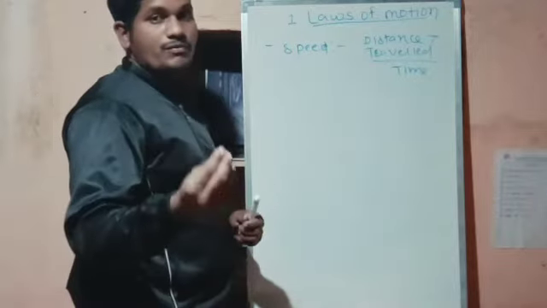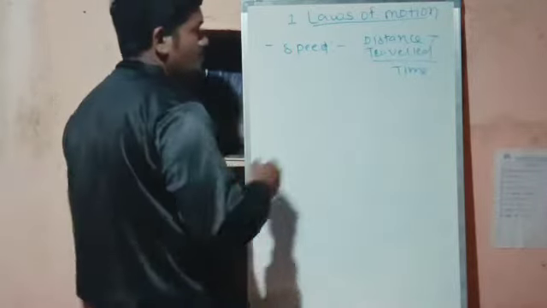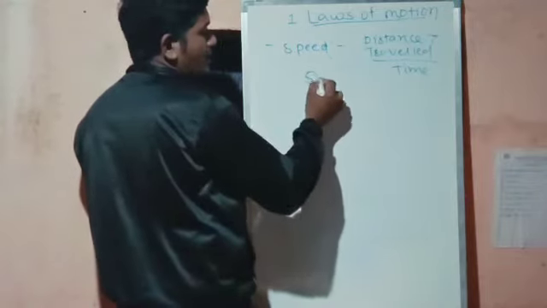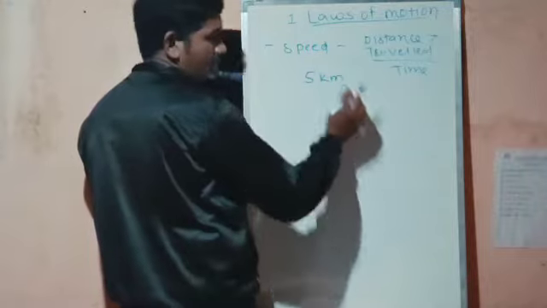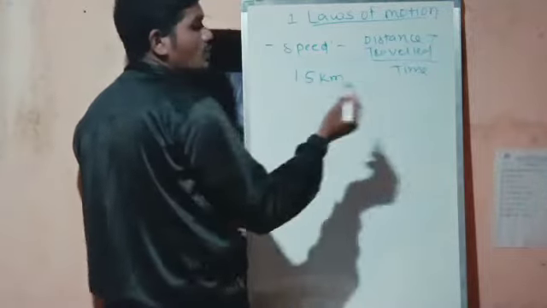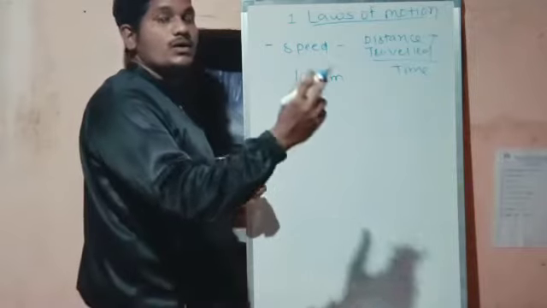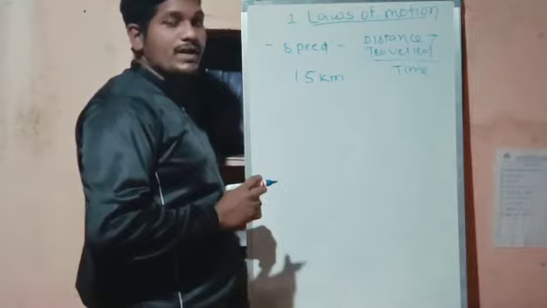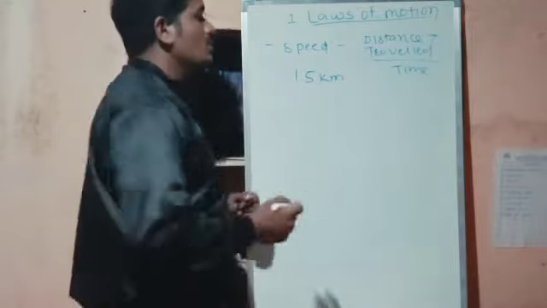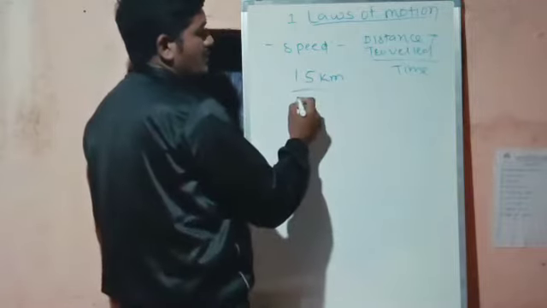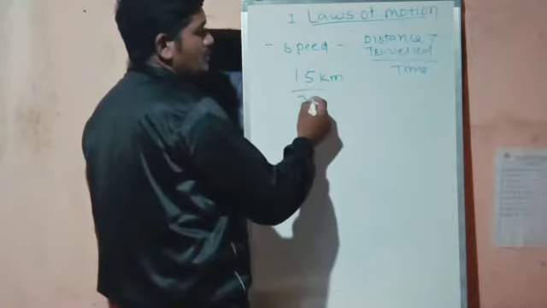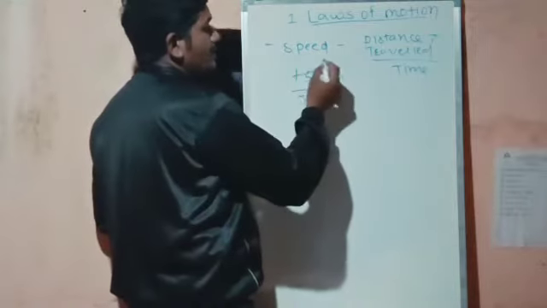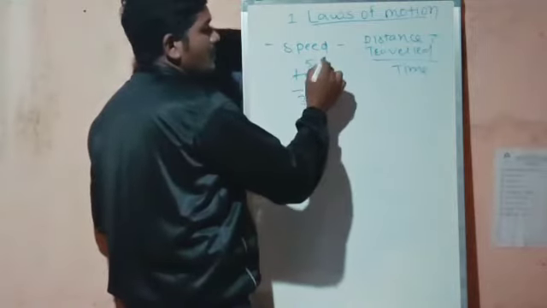Suppose you come from home to school, and the distance was 15 kilometer from home to school, and suppose the time required to cover this distance was 3 minutes. 3 ones are 3, 3 5s are 15.